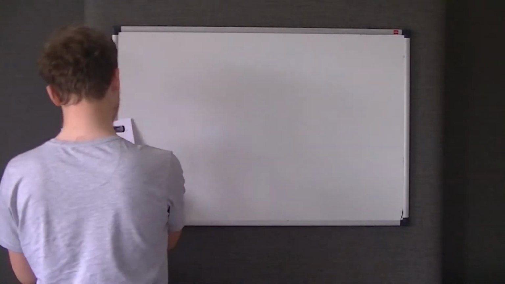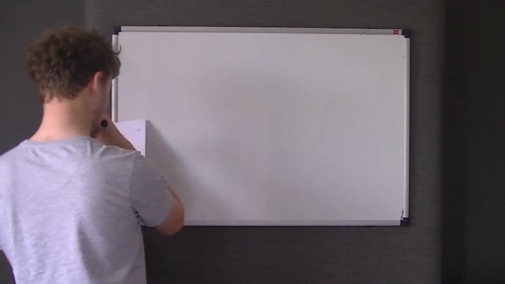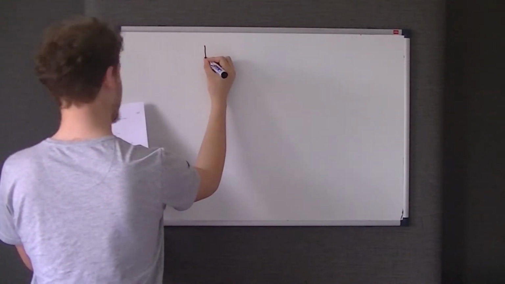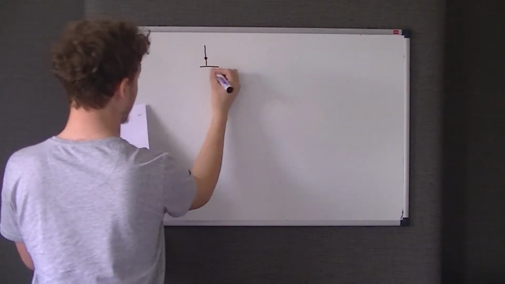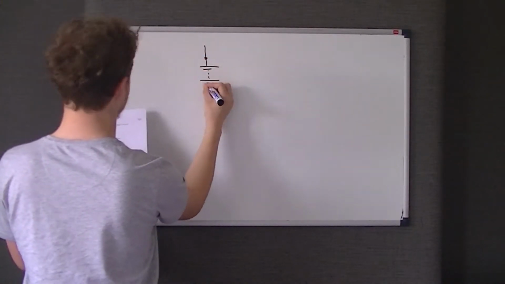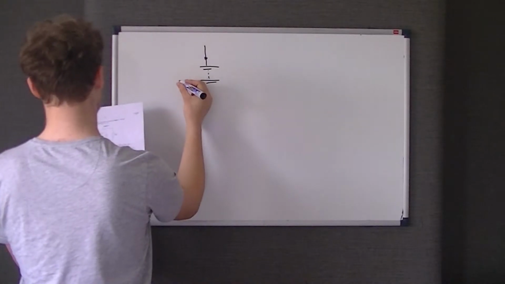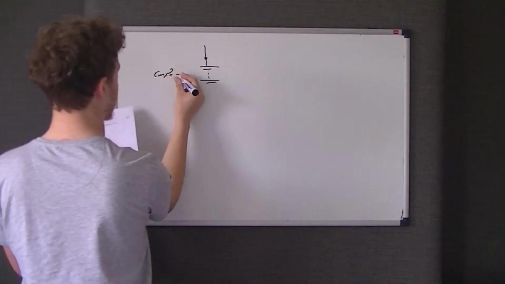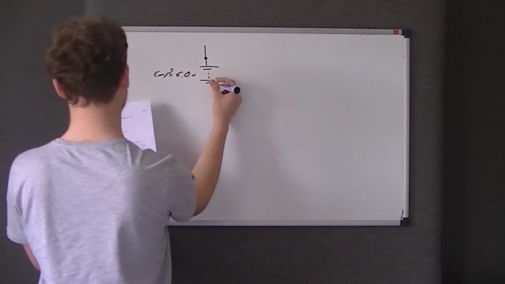Okay, so in this question, I probably should have drawn a little diagram on the board before, but never mind. We've got a circuit where the battery has an EMF, electromotive force, of 6 volts.